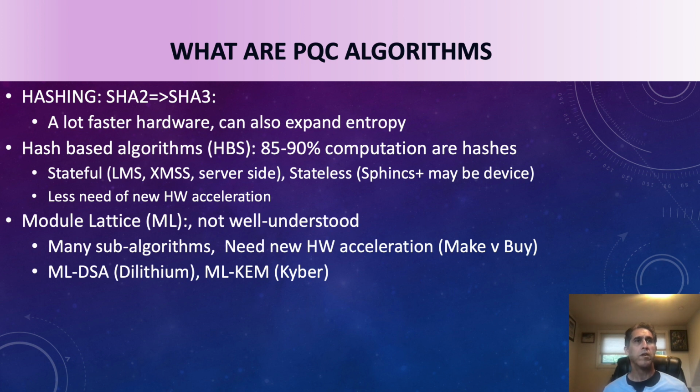When you see, for instance, ML-DSA, which is the digital signature algorithm, or ML-KEM, which is the key encapsulation mechanism, these are a brand new set of algorithms that are designed to withstand quantum computers.